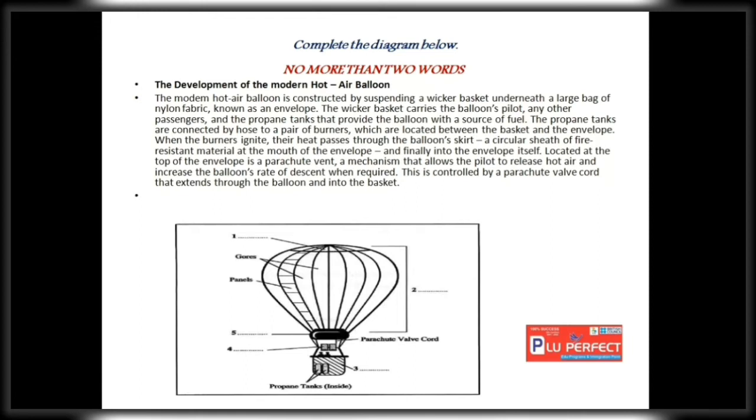So let's understand the arrows. If we look at the first arrow, it is pointing towards the topmost part of the hot air balloon. And if we look at the second question, it's a kind of bracket which is enclosing the complete upper part of the balloon.